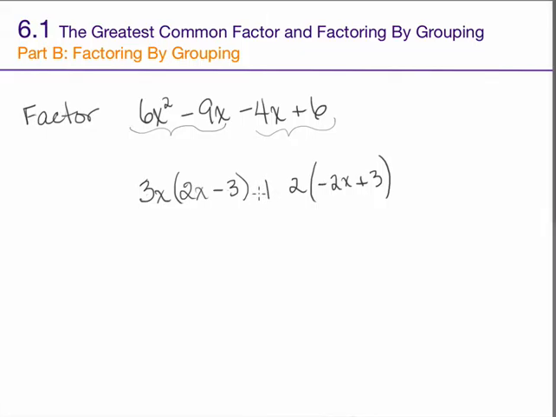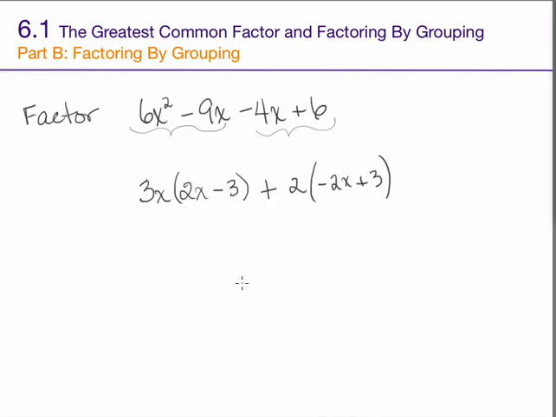The problem is, these are not the same. They're close. They're actually the same except for their signs. This is like saying the opposite of this, because negative 2x is the opposite of 2x and positive 3 is the opposite of negative 3. So this whole thing is the opposite of this whole thing.